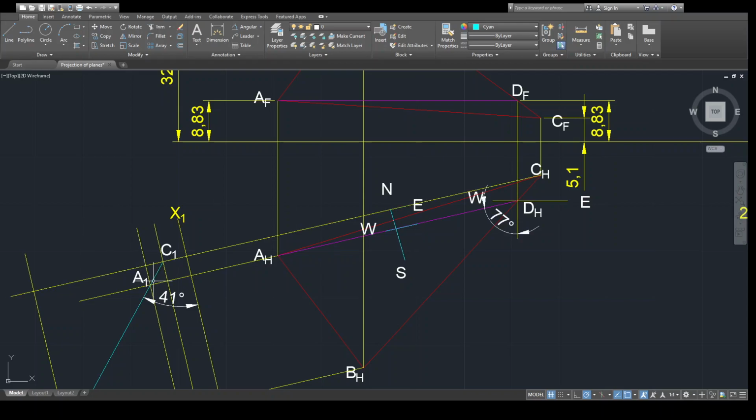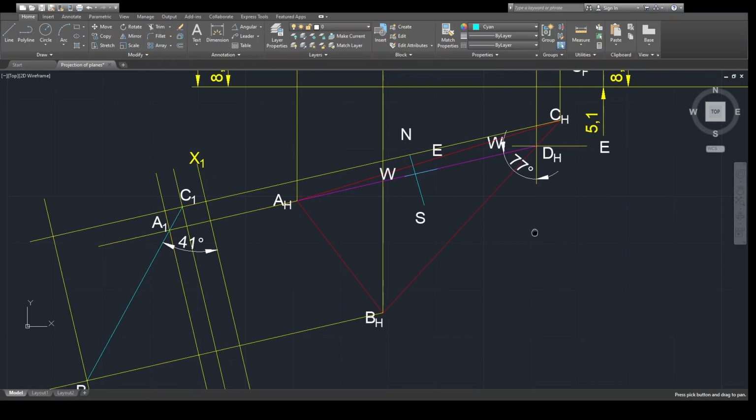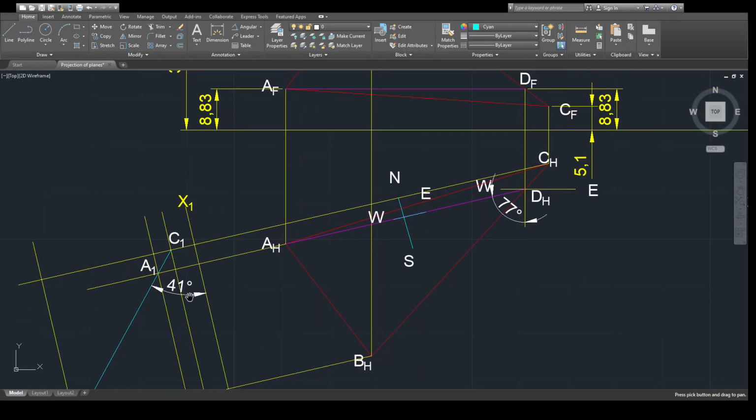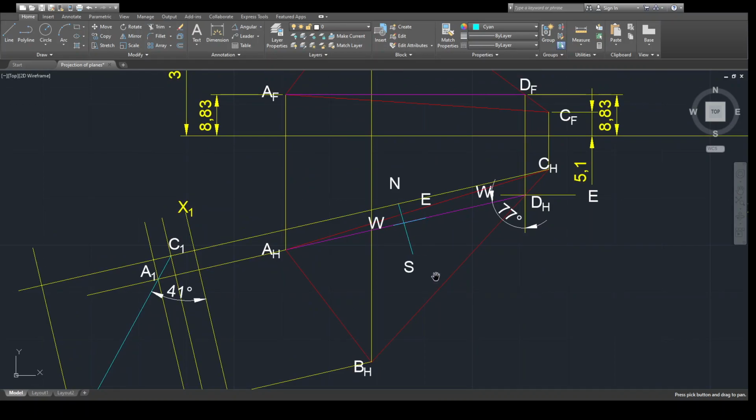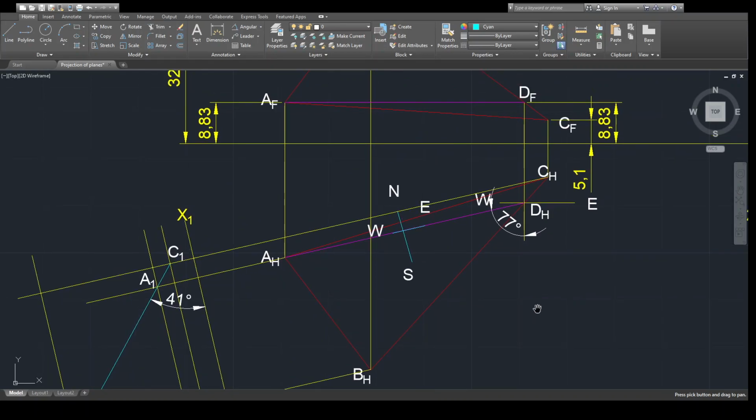So you can see point C1 is close to the x1 y1 line compared to point B1, which means the lower side zone of this plane is above the strike line, and the higher side or upper side zone is below the strike line. The dip angle is 41 degrees.